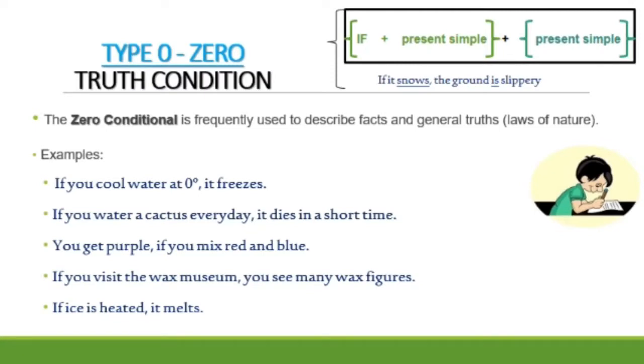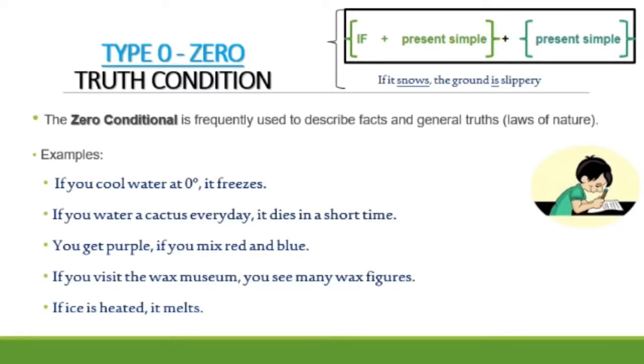If it snows, so snows is in the present. Then we have the main clause: the ground is slippery. The main clause is also in the simple present. So why are we using the simple present in both? Because we are talking about facts and general truths.